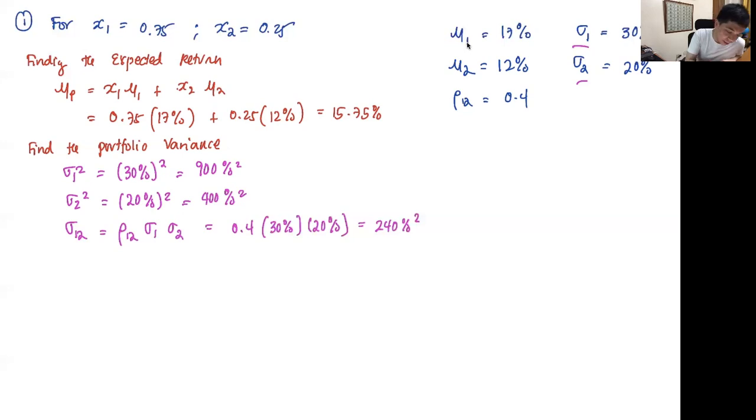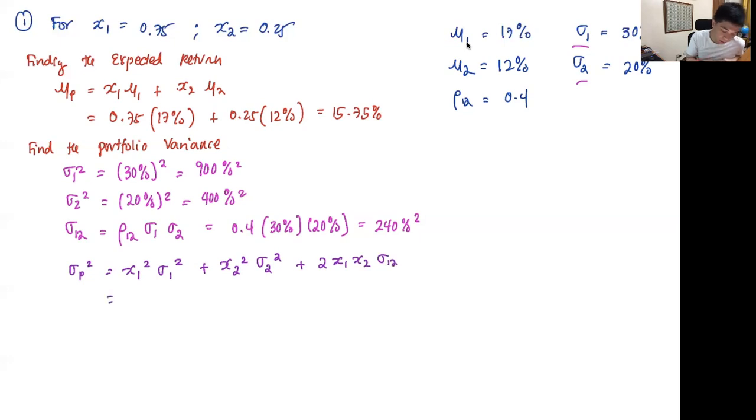Your portfolio variance is sigma p squared. The formula for this is x1 squared times the variance of asset 1, plus x2 squared times the variance of asset 2, sigma 2 squared, plus 2 times x1 times x2 times the covariance.